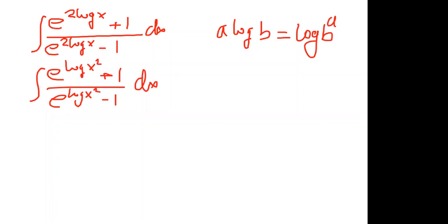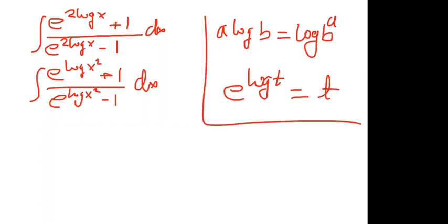Now, e to the power log t can be written as t only. These are the identities. So it will become x square plus 1 upon x square minus 1 dx.